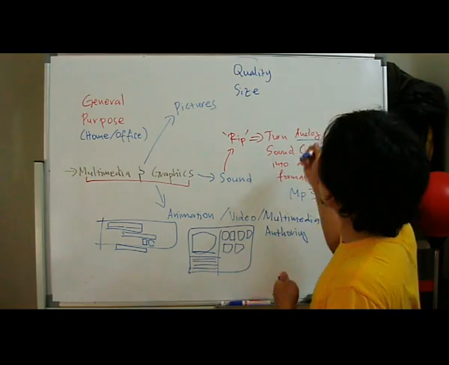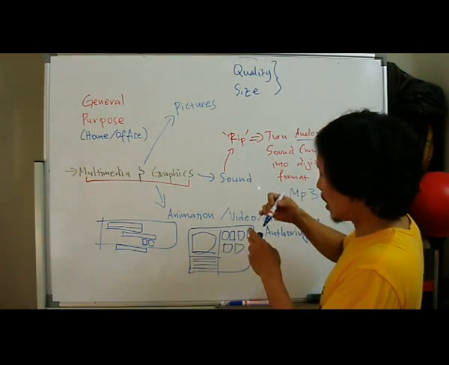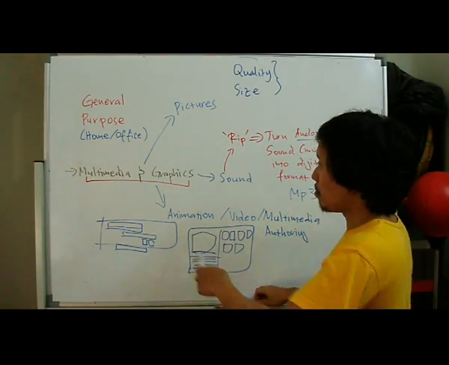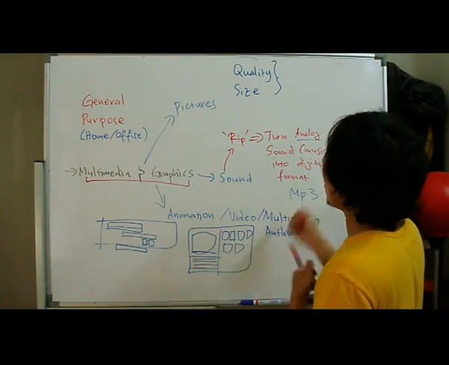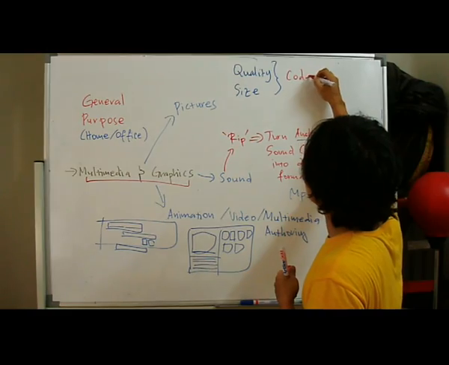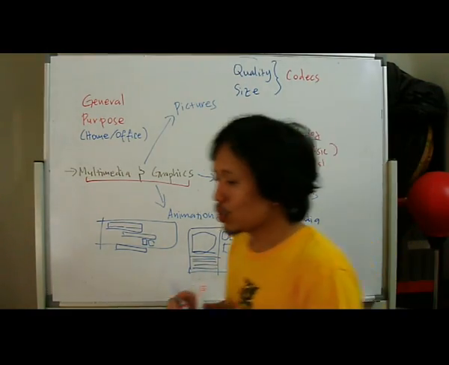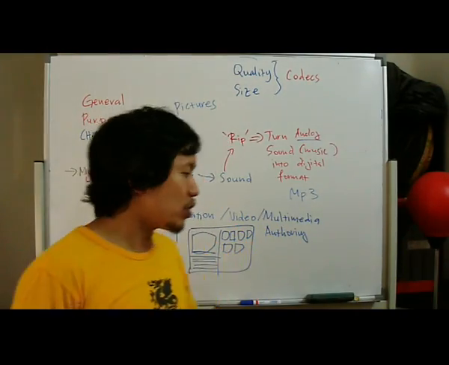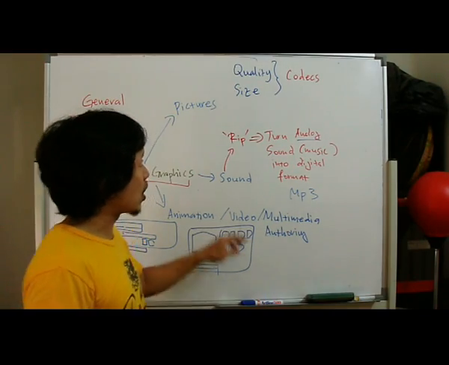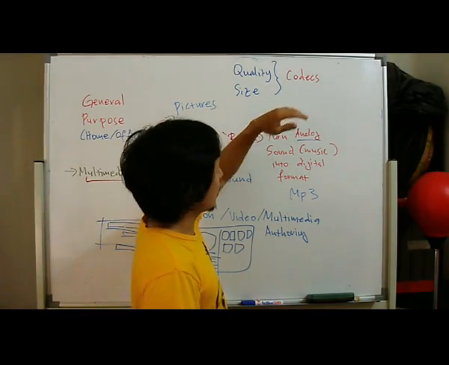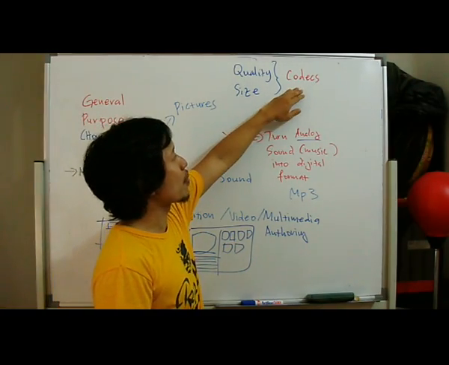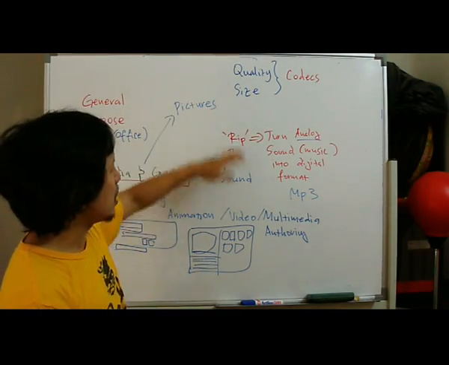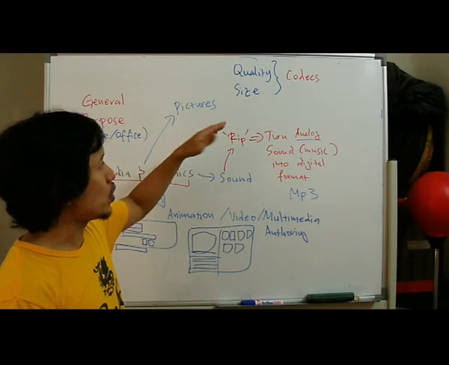So to be able to keep track of these things so that your multimedia graphics files can be shared and people can enjoy them, we make use of this thing called codecs. What are codecs? You can refer to your slides. It says codecs are some kind of compression utility for your multimedia graphics files, right?